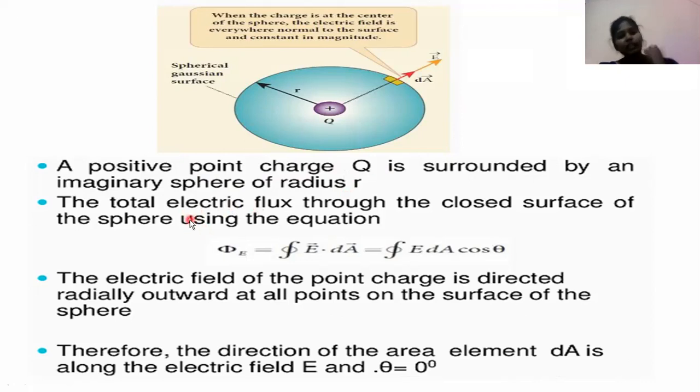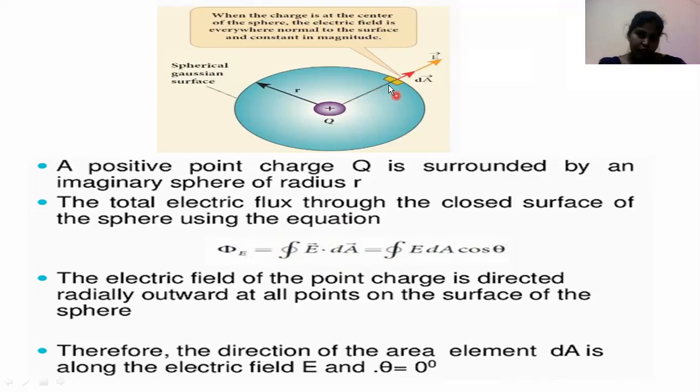So the total electric flux through the closed surface of the sphere, whatever electric lines of force are moving through it, is nothing but the electric flux. We can derive it from the equation phi is equal to integration E dot dA.